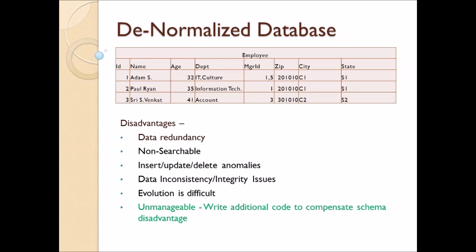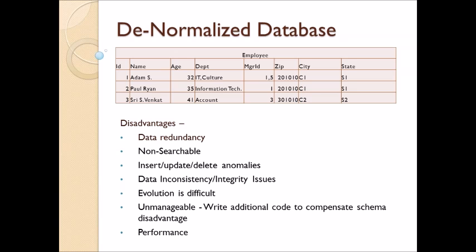I have to write the code to update the employee table along with the code to update the department table, right? Because I have to write additional code and manage unnecessary things, this results in performance degradation, right? So these are the basic disadvantages of a denormalized database.